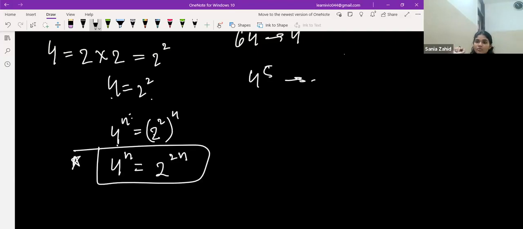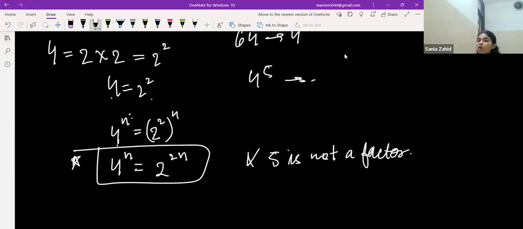So 4 to the power n does not have 5 as its factor. Now, if 5 cannot be a factor of this number, that means this number is not ending with 0, because if it was ending with 0, then 5 would have been a factor.